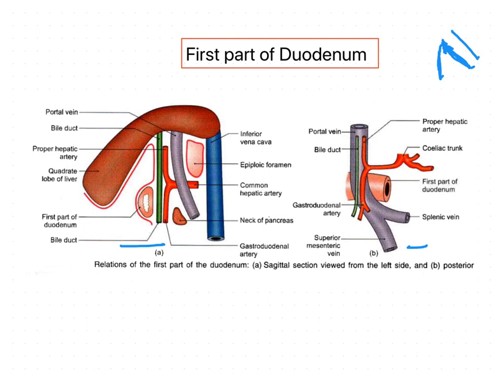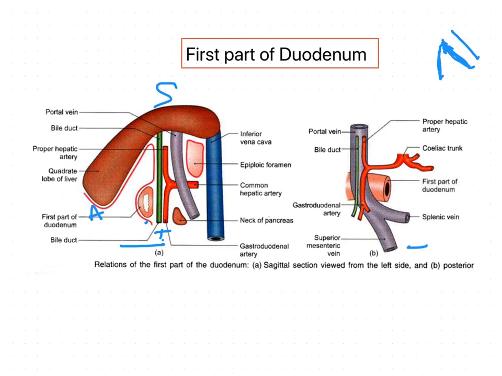Now we will see the relations anteriorly. This is the sagittal section on the left side, and this becomes the anterior aspect, this becomes the posterior aspect, and superior and inferior aspects.